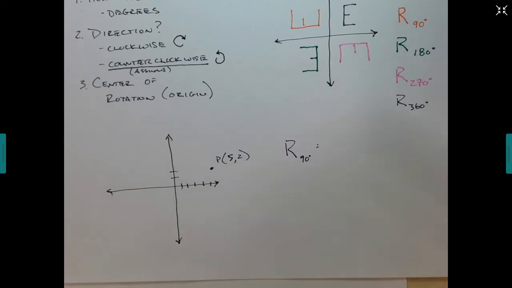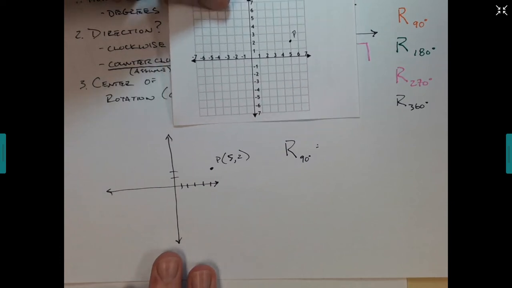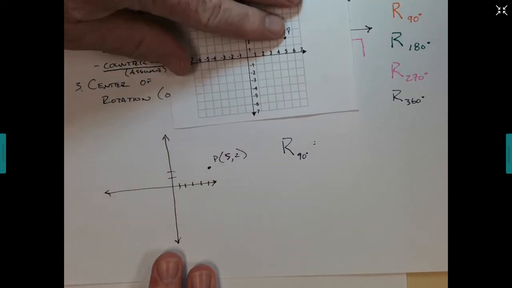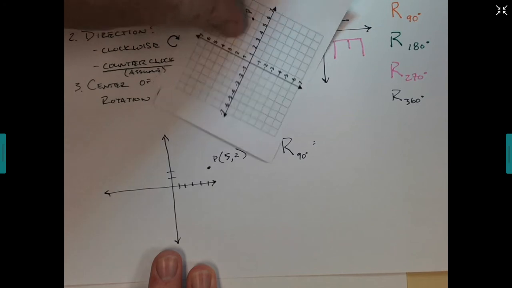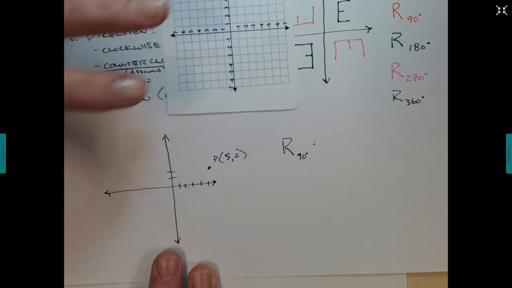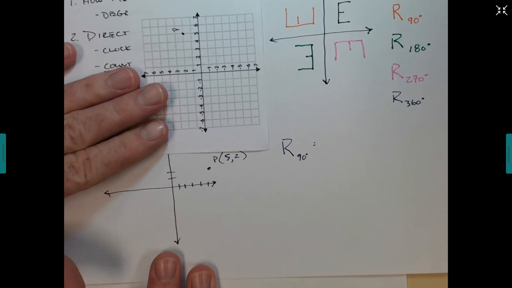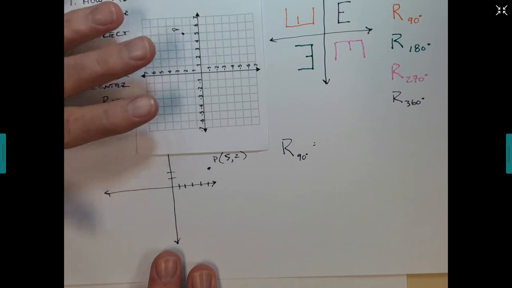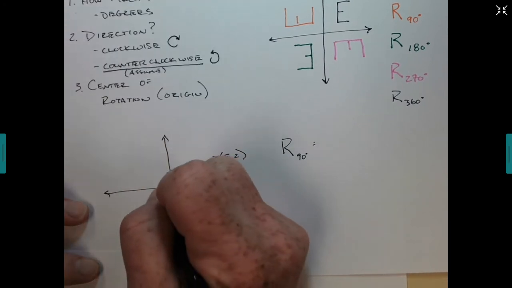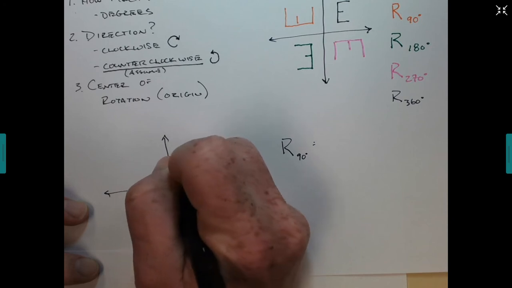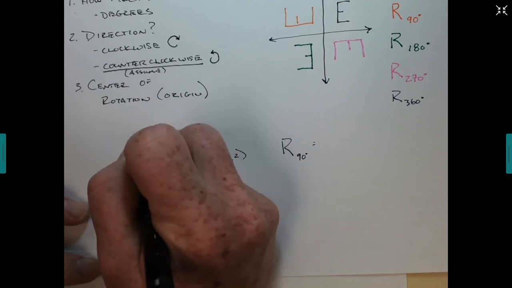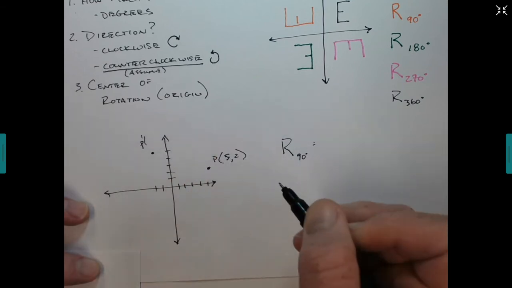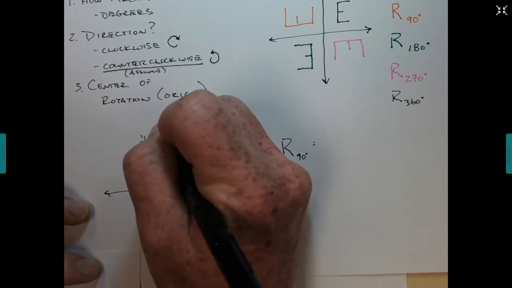All right. So that point that was at 5, 2, if we take that object and we rotate it 90 degrees, I'd want you to see what the coordinates of that new point are. All right, now if we reset our look at this, now the point is at 2 to the left and up 5. So after a 90 degree rotation, my point is actually here. The image of P would now be at -2, 5.